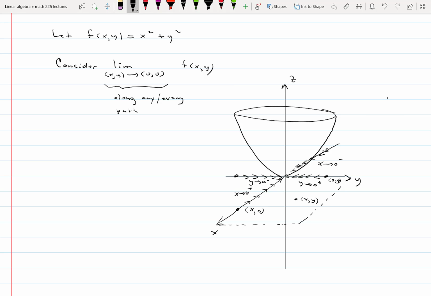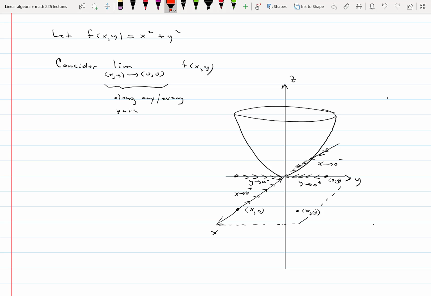But those four directions are not the only pathways to let x and y approach 0. We have to be able to take an arbitrary point, and I'm going to move it over just a little bit because my drawing is a little small. We have to be able to take an arbitrary point (x, y) and allow it to approach the origin. So there's a point (x, y). I'm going to change the color here so it shows up.